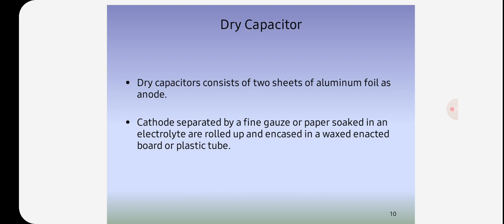Next, dry capacitor. Dry capacitors consist of two sheets of aluminum foils as anode and cathode, separated by a fine gauze or paper soaked in an electrolyte, rolled up and encased in a waxed cardboard or plastic tube.